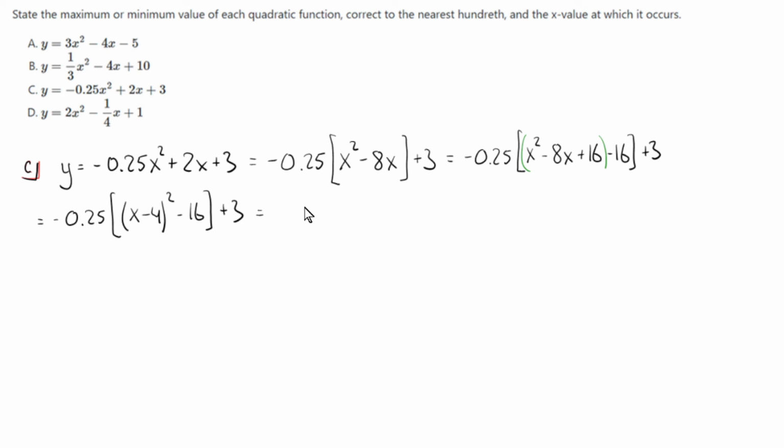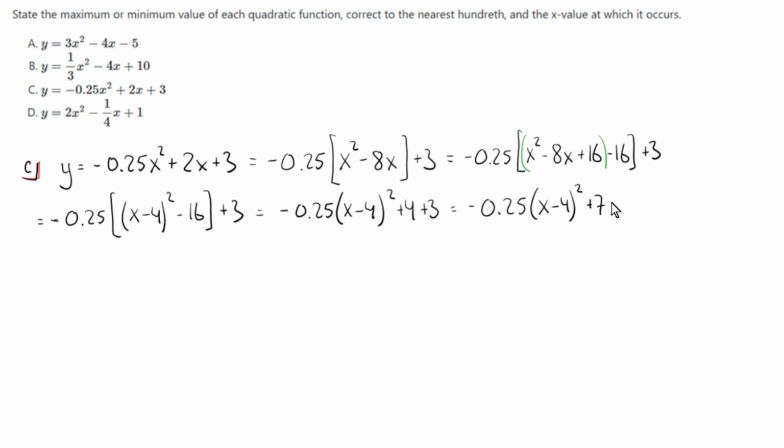So we're going to get negative 0.25 times x minus 4 squared. Negative 0.25 times negative 16 is positive 4 plus 3. Cleaning this up leaves us at negative 0.25 times x minus 4 squared plus 7.